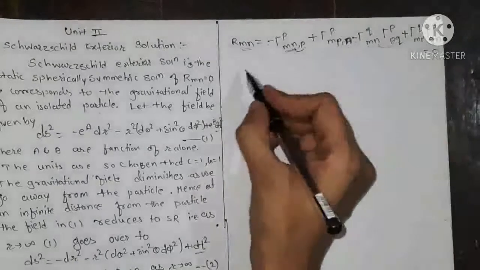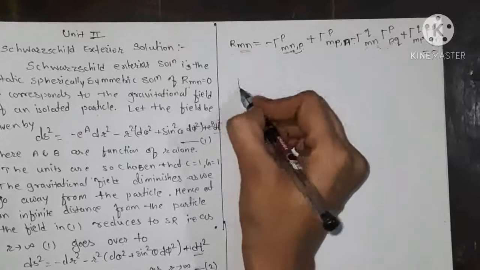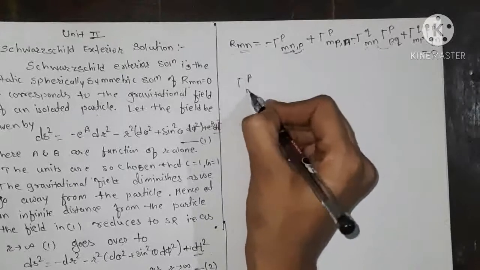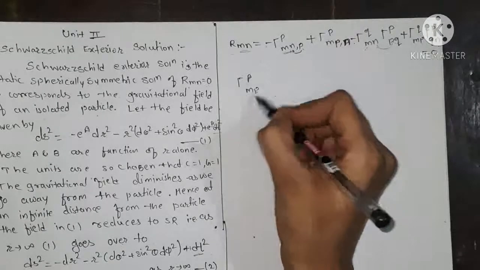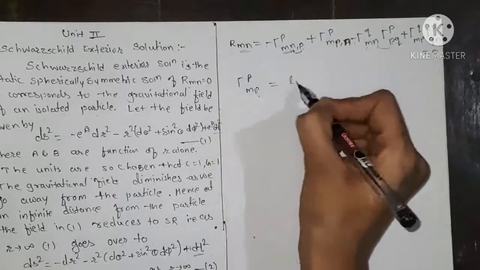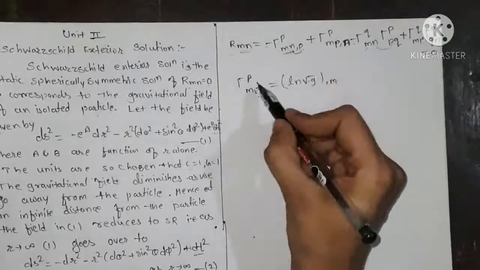Now we have one more formula: Γ^p_mp, that is, whenever this p is repeated, this is equal to the derivative of log of root of minus g with respect to m.